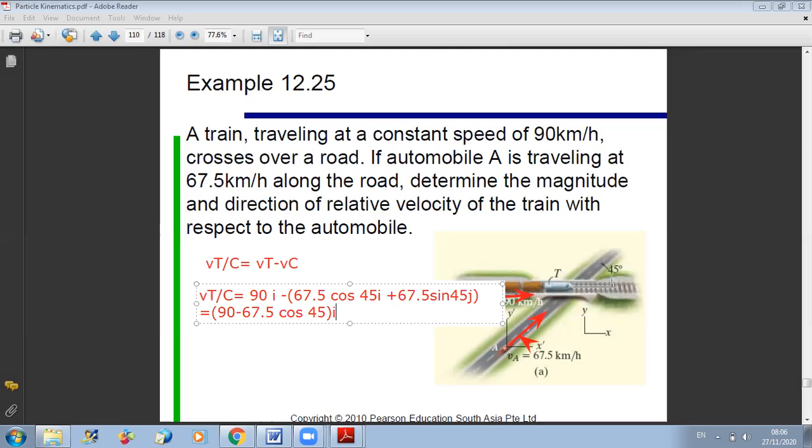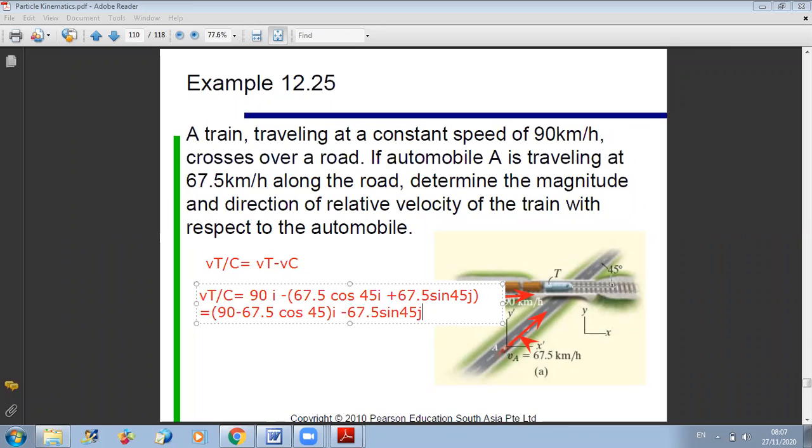This is along I, and along J I have minus this component, so it's minus. So now, once I do this, to find the magnitude of the relative velocity, I do radical of x component square plus y component square.